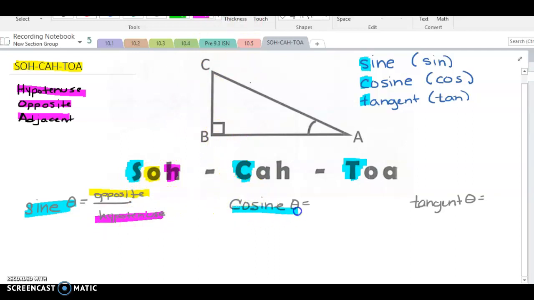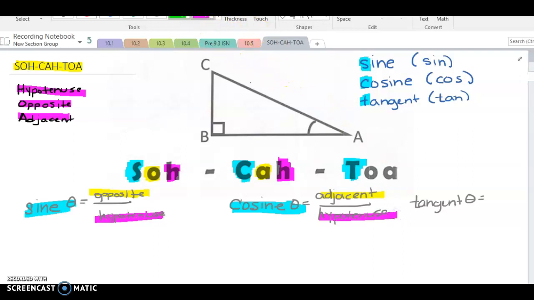Okay, so cosine is always going to be the adjacent over the H, which stands for hypotenuse. Let me go ahead and highlight these: adjacent over hypotenuse.